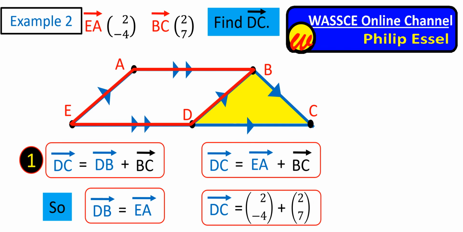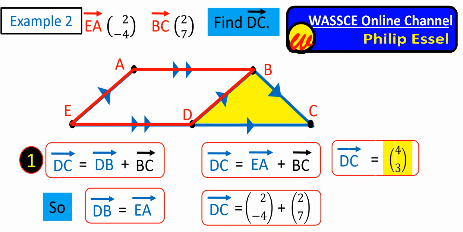When we add these two vectors together, our vector DC will be equal to (4, 3). Remember, the 2 plus 2 would give us 4, and the -4 plus 7 would give us 3.